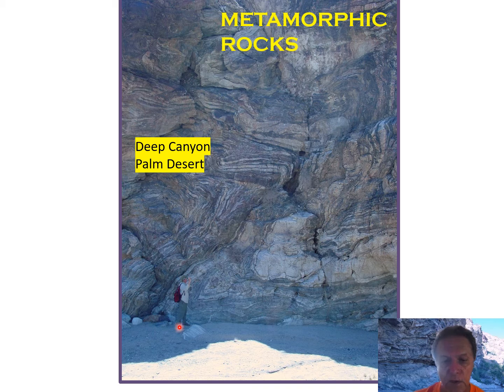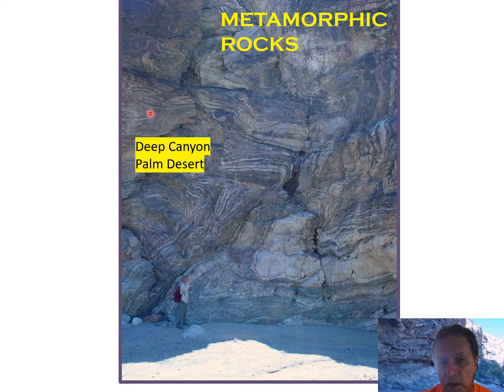You can see my friend Dr. Monty Marshall here standing at the base of this cliff, which exposes metamorphic rocks which have been changed through heat, pressure, time, have been deformed plastically. That is a key. Metamorphic rocks deform plastically because typically those conditions of heat and pressure which change rocks occur deep down below the surface of the earth.